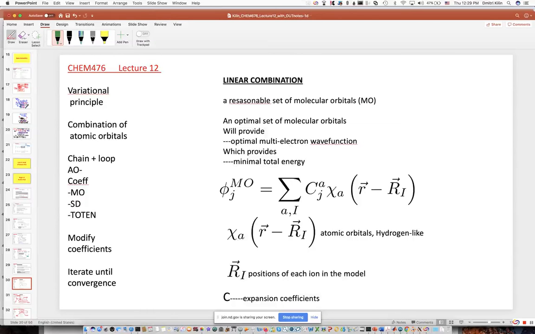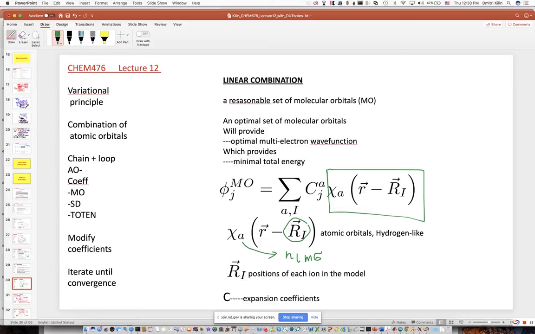The atomic wave functions can be called chi, I used the letter chi here, sub A, and they're centered where the atom is centered. The coefficients A, in some sense, are all the atomic quantum numbers: principal, orbital, magnetic, and spin. I just put them in the letter A because otherwise it would be too many numbers.